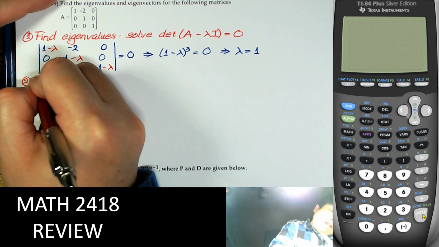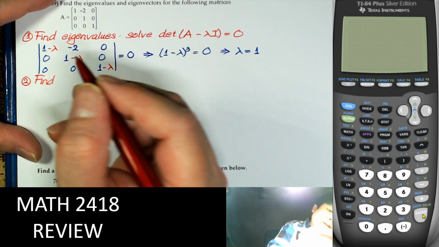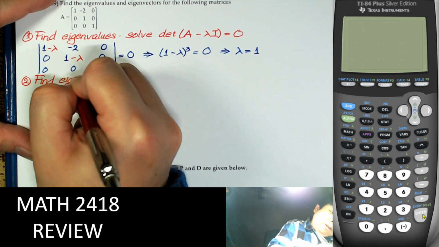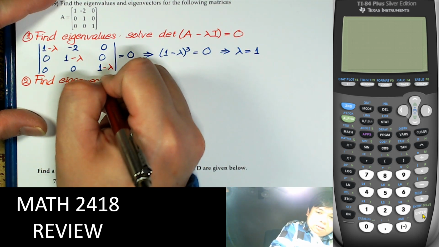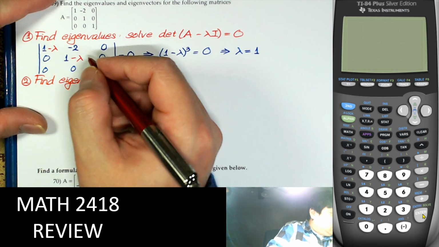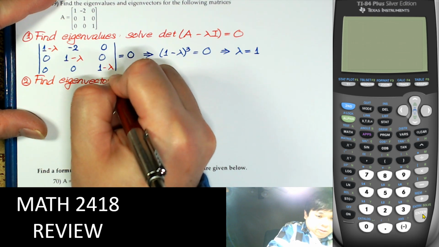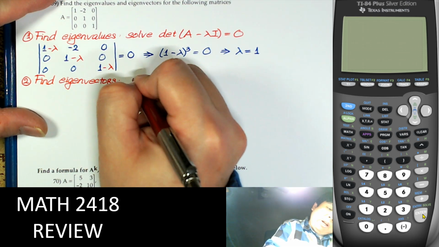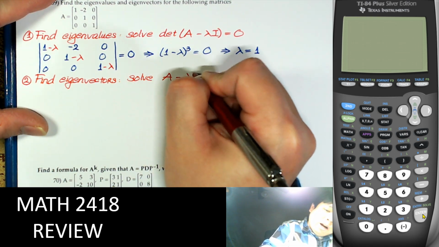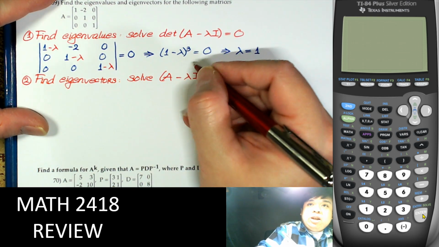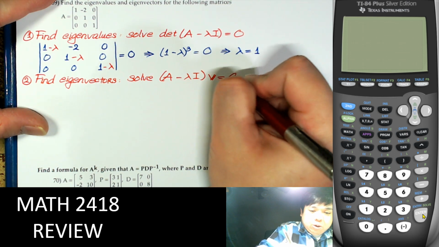Find the eigenvectors. Meaning we will solve the homogeneous system A minus lambda I times v equal to 0 vector.